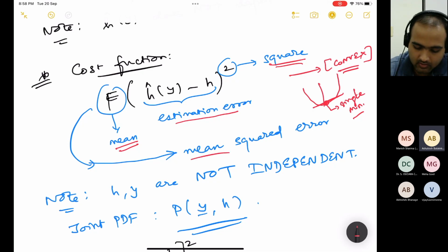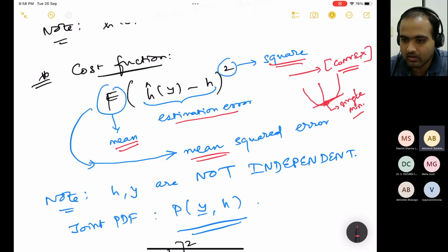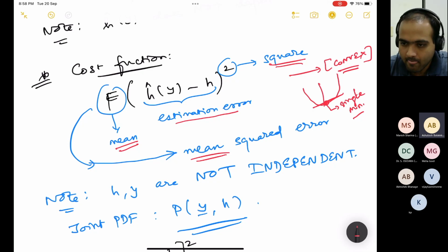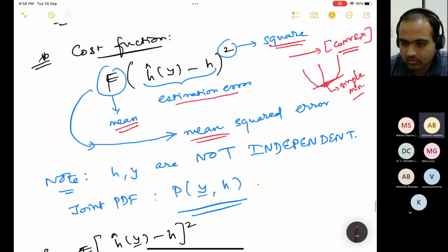And since my h is a random variable now, we need to average over the PDF of my parameter, and that is why we are taking the expectation also. So that is why this is called the mean squared error or the MSE.